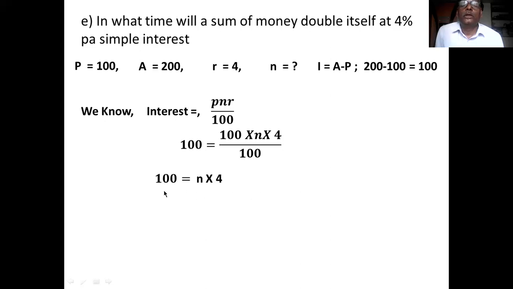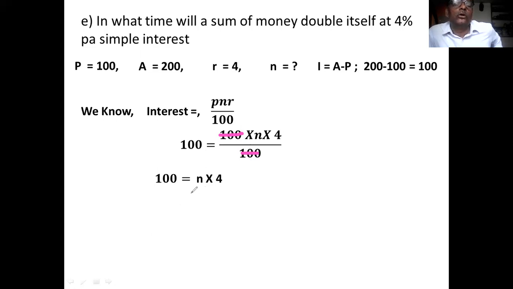Okay. Simplify it. 100 gets cancelled. What remained? 100 is equal to N into 4.